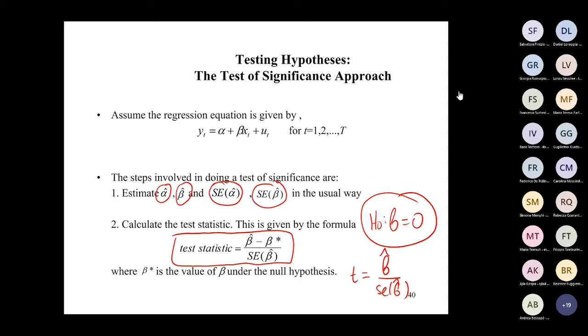When I'm testing whether 0 is a possible value for beta, what I'm testing in fact is whether X can help me in explaining Y.